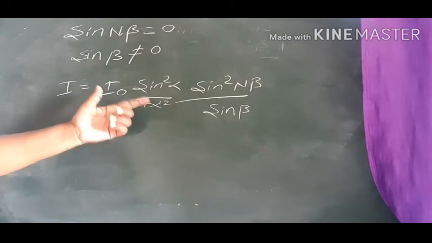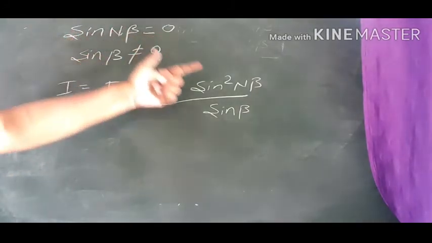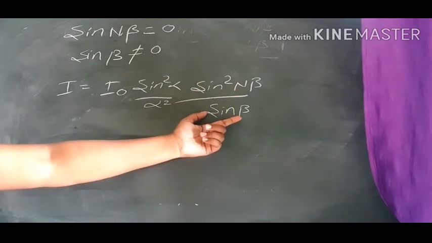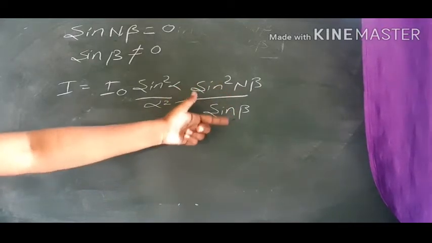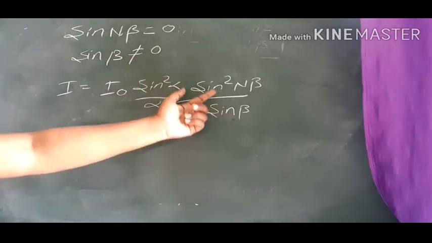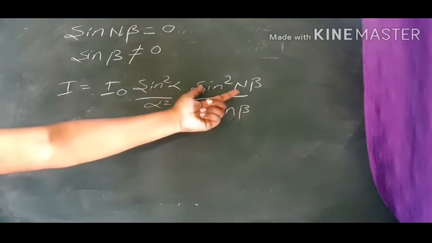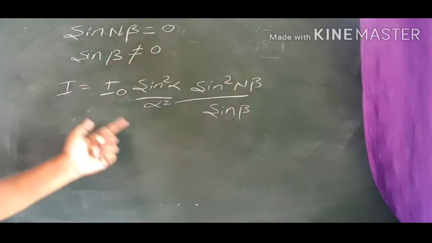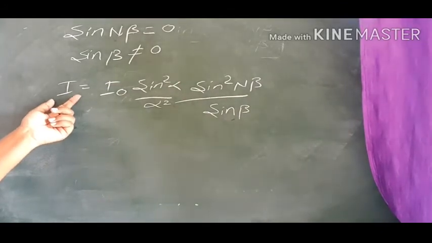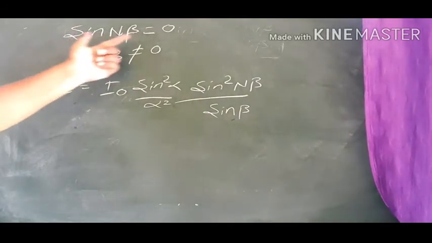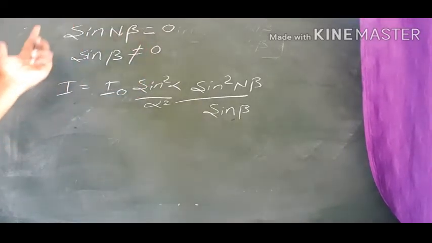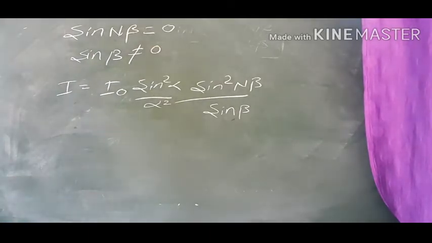Here sine n beta is equal to 0 but this is not equal to 0. If this is also 0, then the term is indeterminate, as we have discussed earlier. So in this case, if this is equal to 0, the whole term represents 0, meaning I is equal to 0, and I equal to 0 means minima. So if sine n beta is equal to 0 and sine beta is not equal to 0, this is the condition for minima.